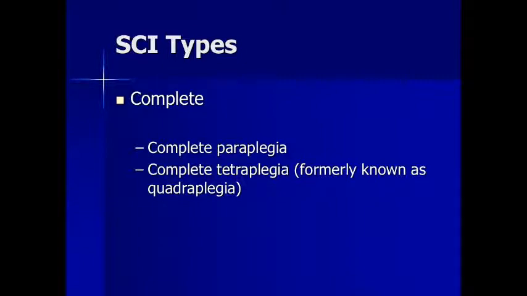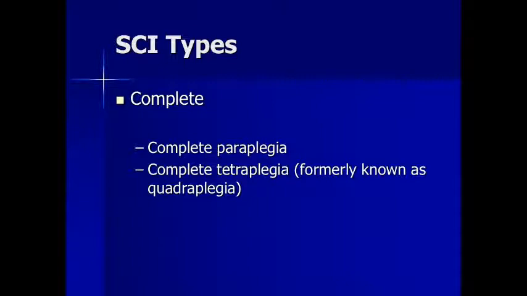There are several types of spinal cord injuries. The two major types are complete and incomplete. Let's talk about complete first. Complete can be either complete paraplegia or complete tetraplegia, formerly known as quadriplegia.